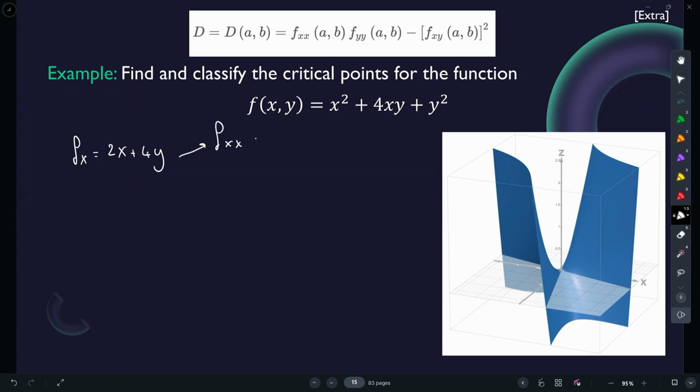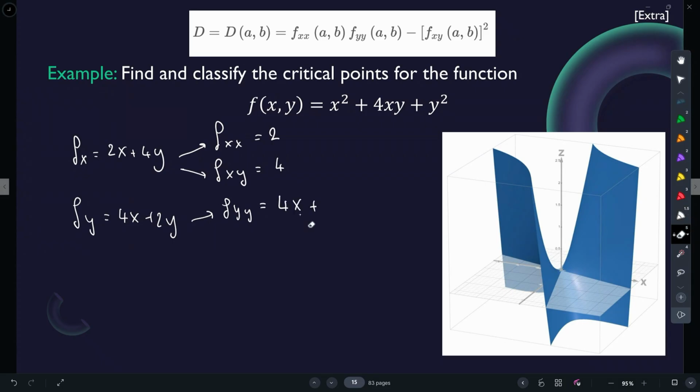Then the second derivative with respect to x will be 2. The mixed derivative, now with respect to y, I get a 4. If I start now with the first derivative with respect to y, which is 4x plus 2y, then the second derivative with respect to y will be 4x. Whoa, no, I'm looking at the wrong place.